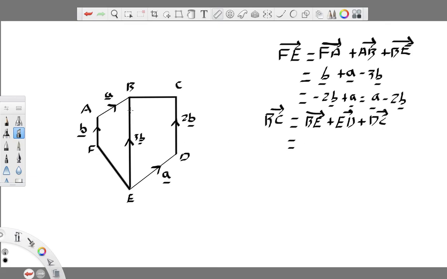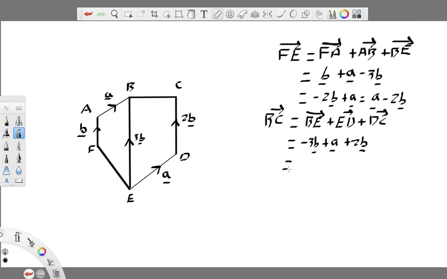Well, B to E, we've just talked about that, it will be minus 3B. E to D, well that's A. Then we've got D to C, which is plus 2B. Again, why is it plus? Well, that's because D to C is 2B, and we're going in that direction, so it's a positive.